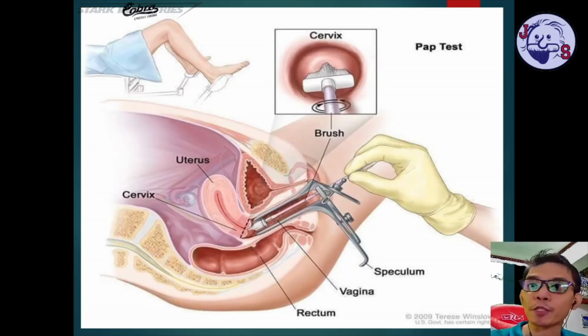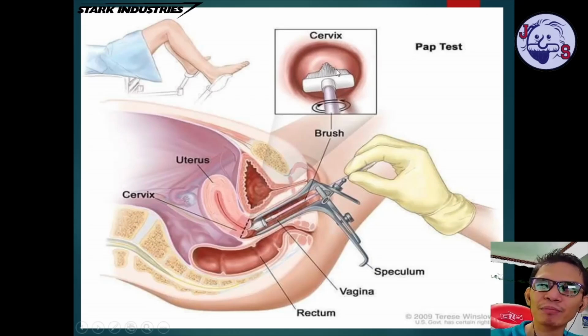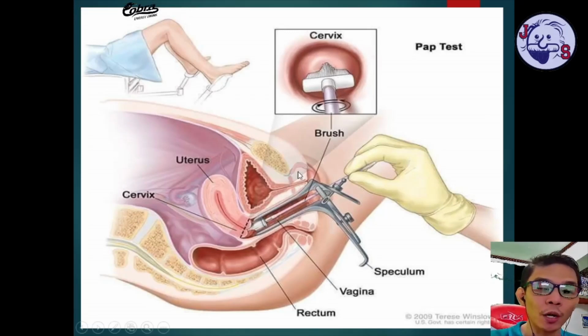This is the pap smear. This is one of the procedures if you want to detect if there is something wrong or unusual with your cervix. In the pap smear test, there is a brush connected to some sort of equipment here, and this brush will collect some samples of the cells found in your cervix.